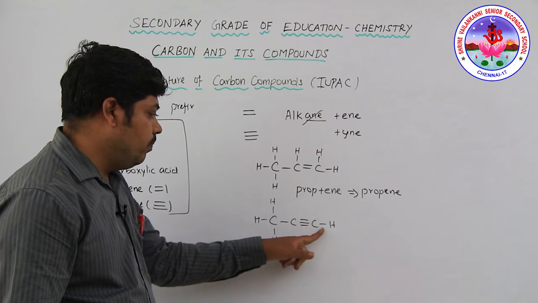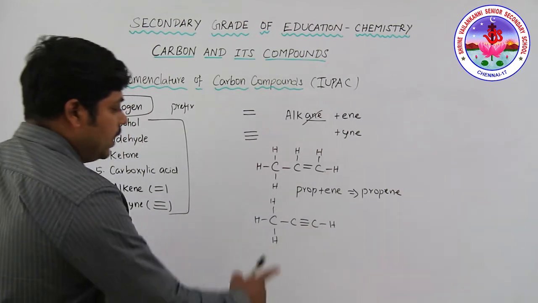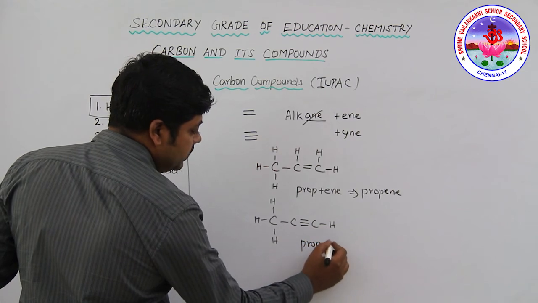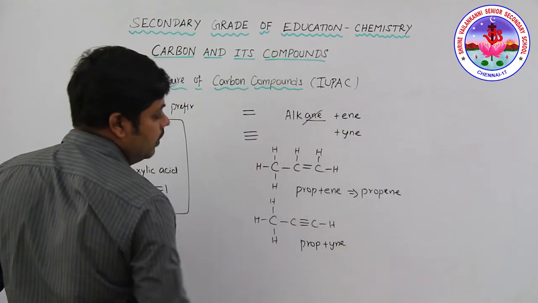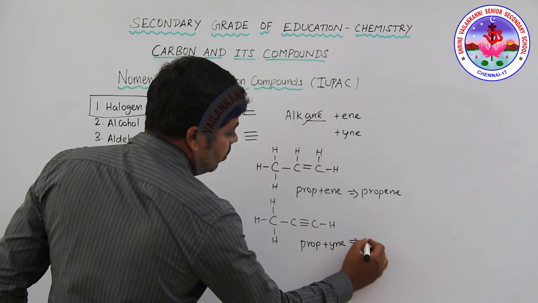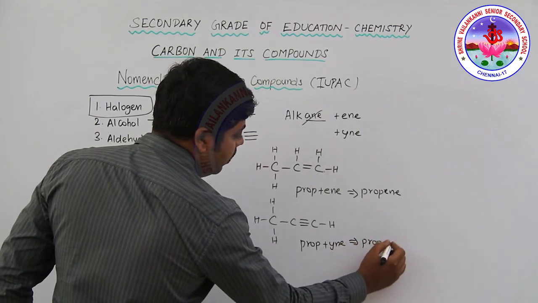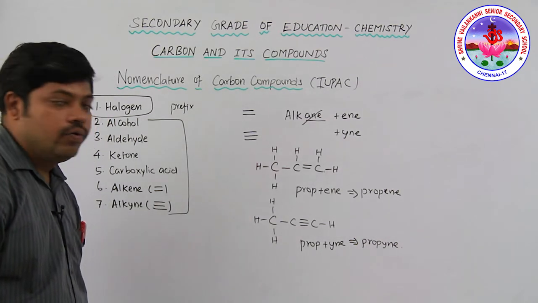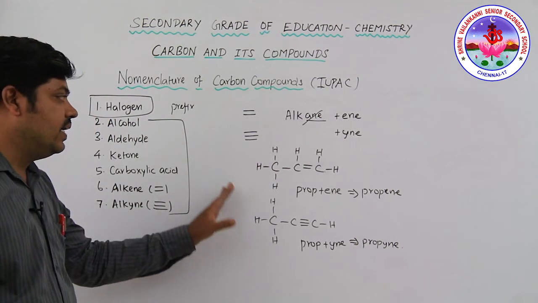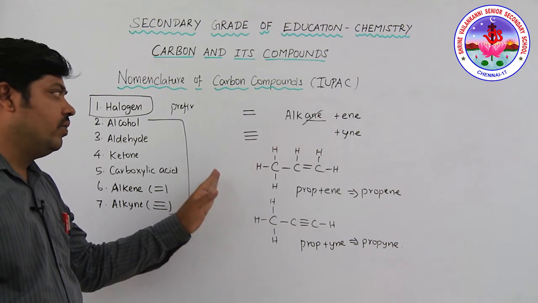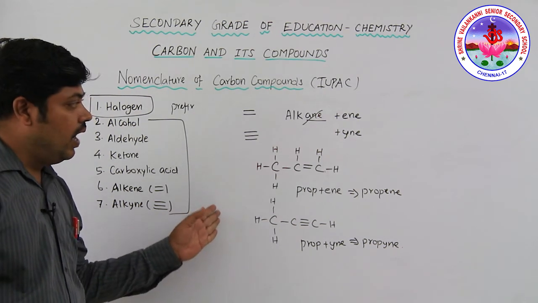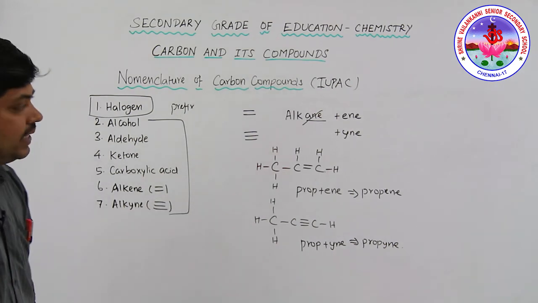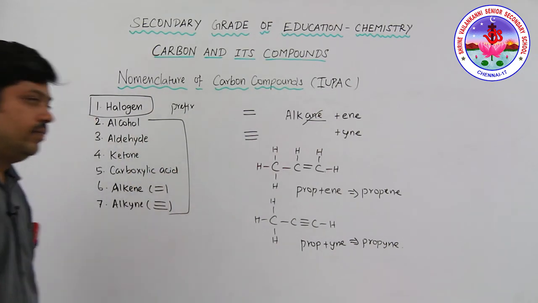Now the compound has 3 carbons, so prop plus YNE because of the triple bond. The compound name is propyne. This is the basic IUPAC system. In higher classes you will learn how to name and number aldehyde, ketone, carboxylic acid and ether. This is the very basic thing.